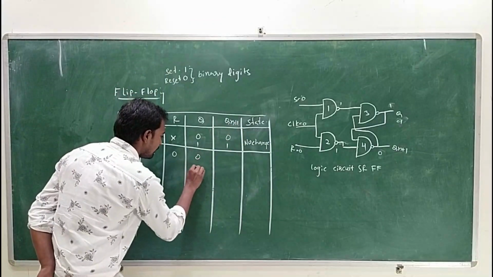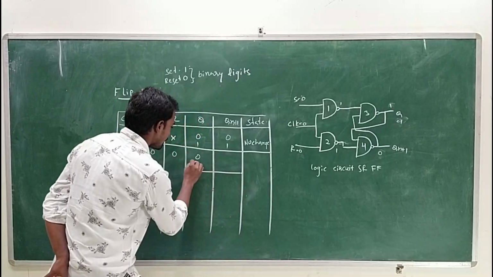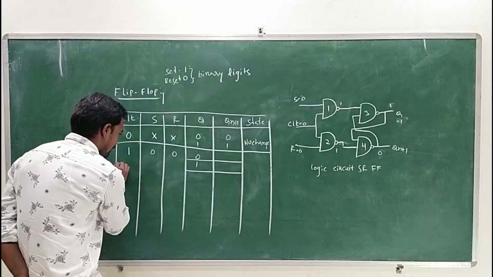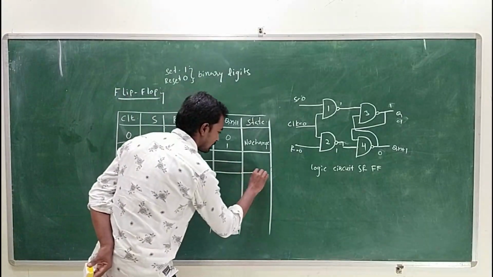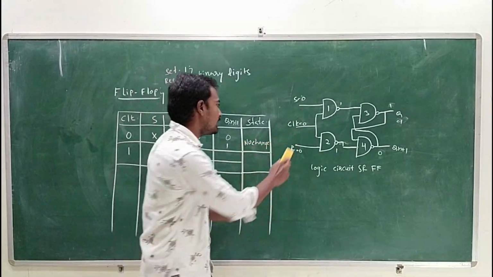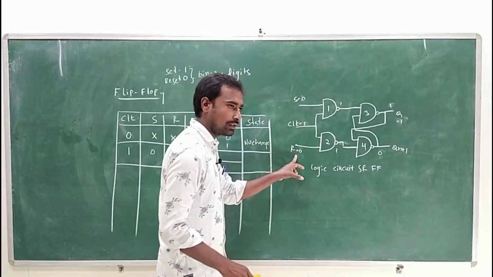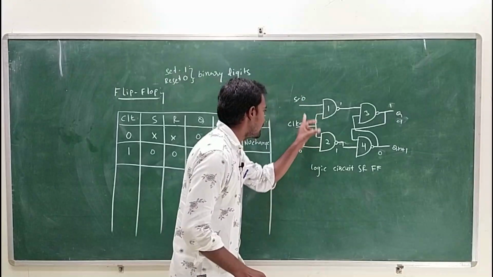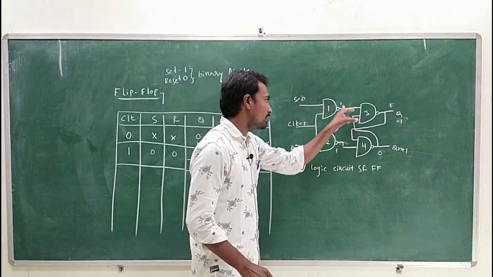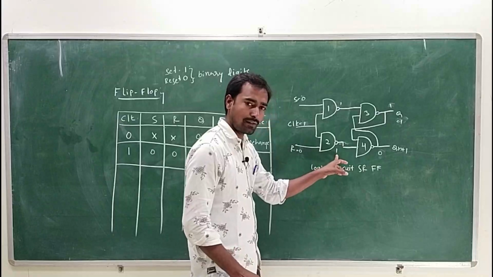So here we have two inputs, that is Q equal to 0 or 1. So clock signal equal to 1 and S equal to 0 and R equal to 0, then we will get 0 cross 1 is equal to 0 and 0 complement is equal to 1, and again 1 cross 0 is equal to 0, 0 complement here again 1.